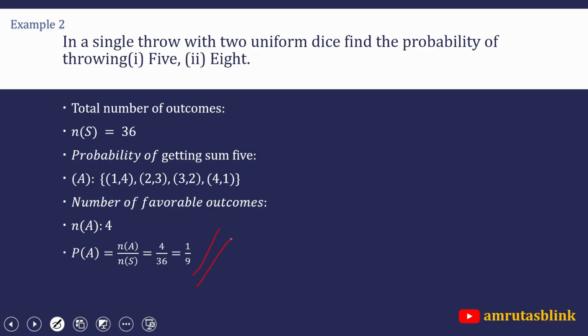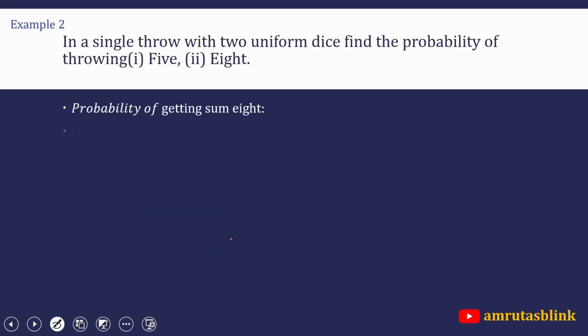Now, in the same way, we will calculate the probability of getting sum as 8. So, how will we get the summation as 8? Let's say on the first die, now we cannot have 1, because if we have 1 on the first die, then the maximum possible number which we will get on the second die is 6.